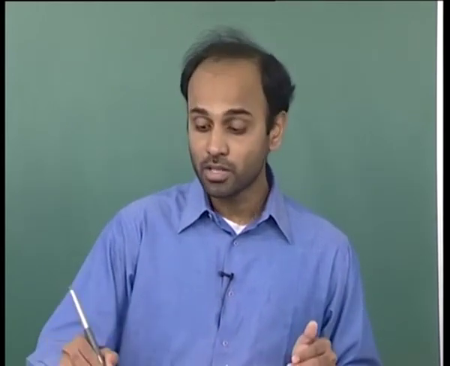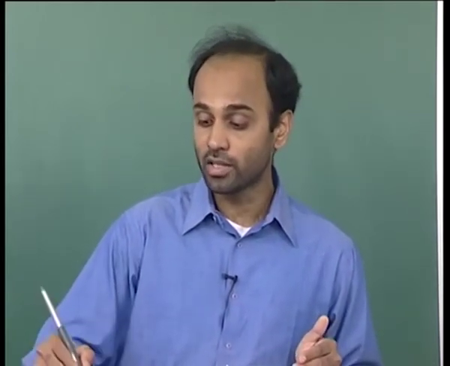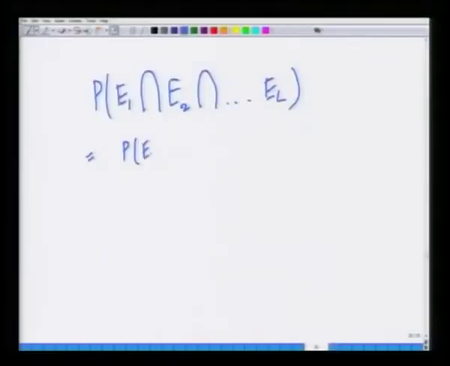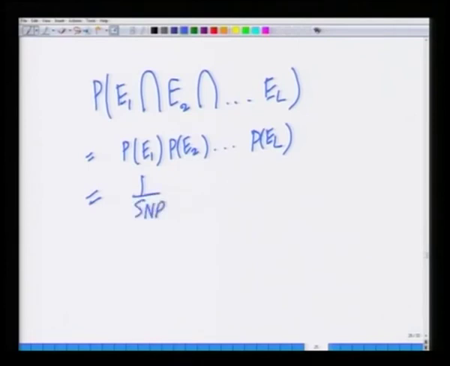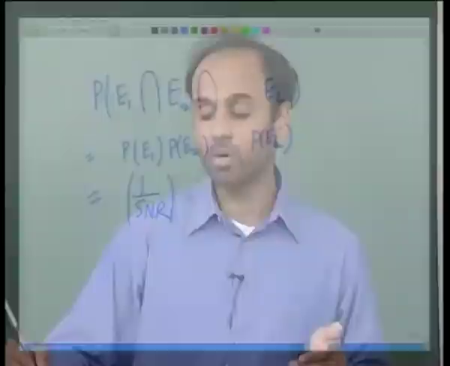And remember, all the links are independent, which means P of E1 intersection E2 intersection EL is P of E1 times P of E2 times P of EL. Now, remember, P of E1 is the probability that link 1 is in a deep fade, that is 1 over SNR.